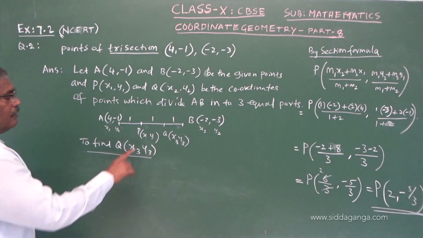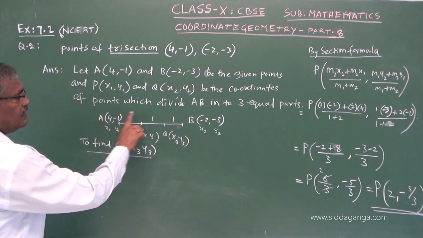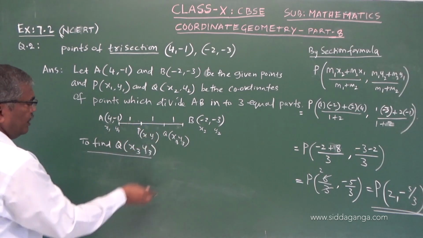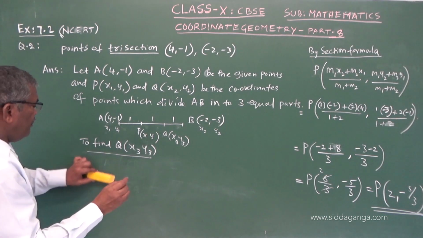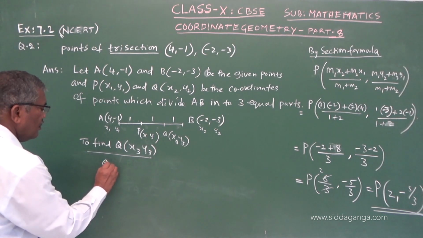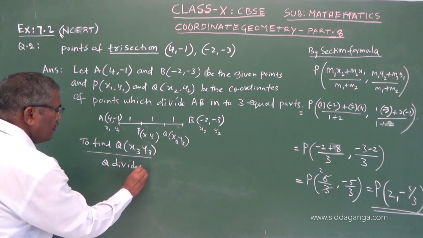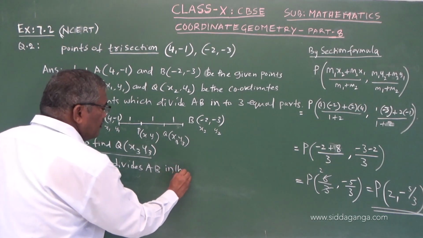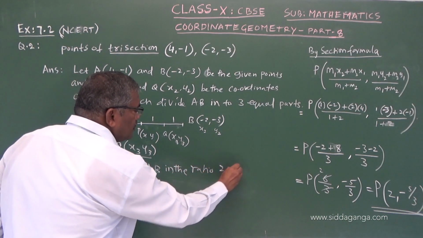Now you observe here Q divides AB in the ratio 2:1 because AQ is 2 here. So Q divides AB in the ratio 2:1.